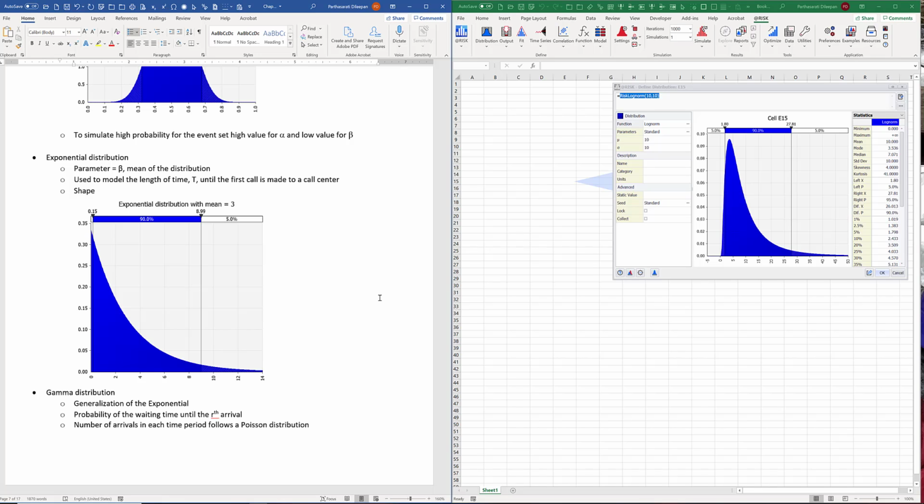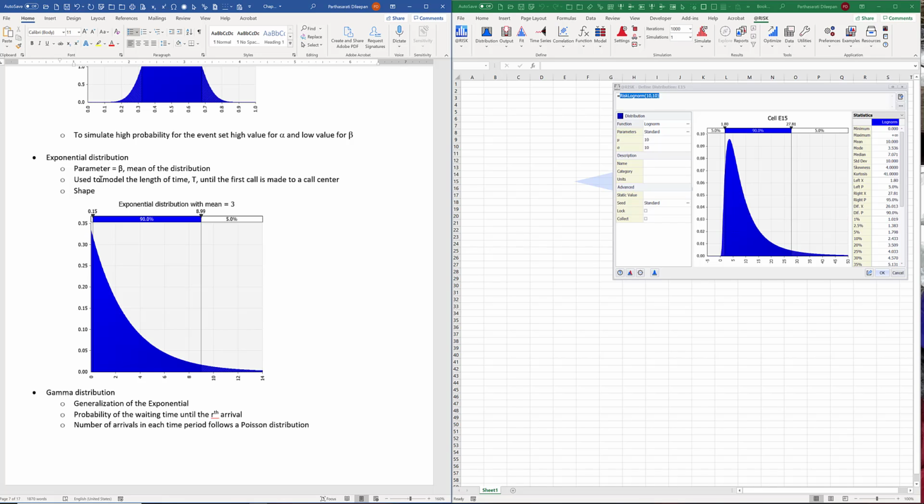Now, if you look at two successive events, so you're looking at one success, and then the time it takes for the next success. If the number of occurrences is Poisson, then the time taken between successes will follow an exponential distribution.